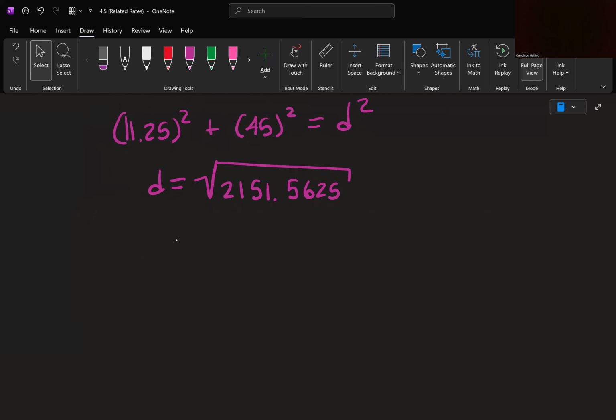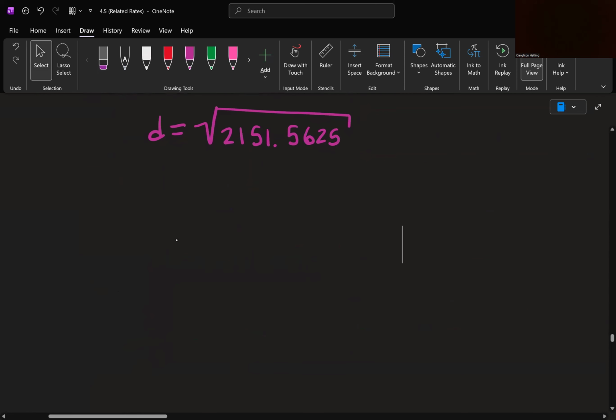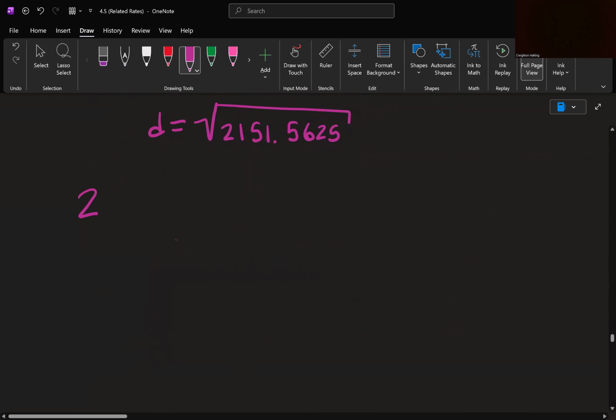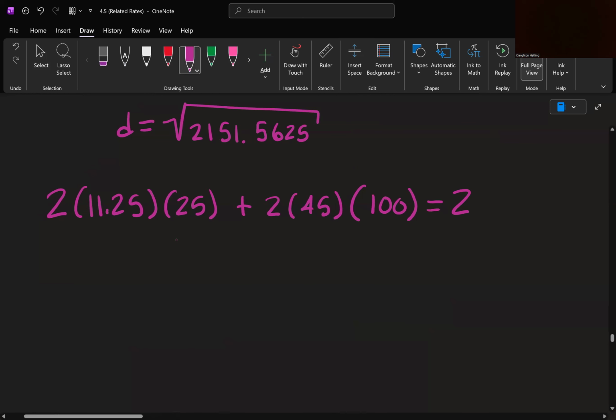Let's plug in all the information we know. So I'm going to be using this formula here, where I'm erasing the check marks. We're using this formula to plug in everything we know. So come back down here. 2 times A, which is 11.25, times the rate of change, dA/dt, which is 25, plus 2 times B, which is 45, times dB/dt, which we know is 100, and that is equal to 2 times D. Well, we just found D. It's right there even on the screen.